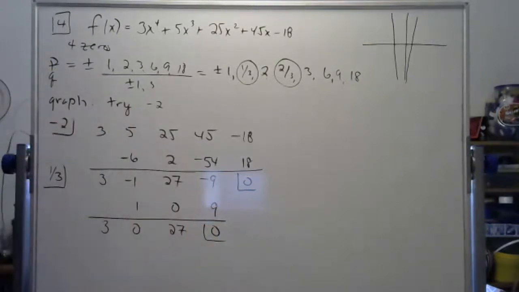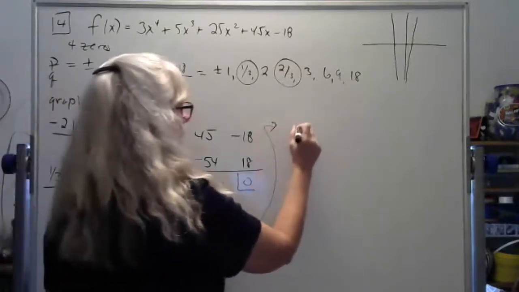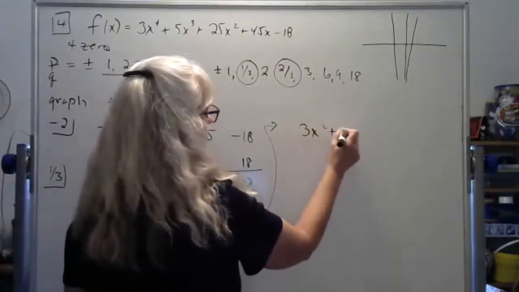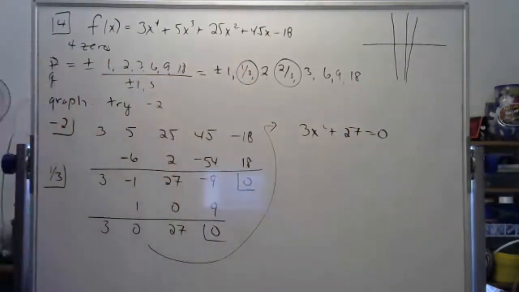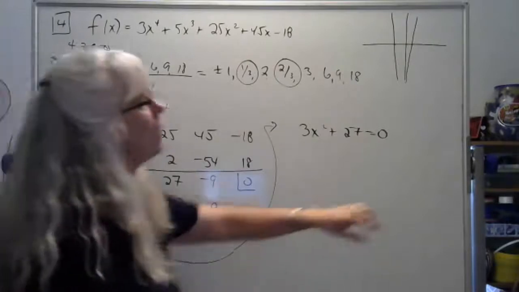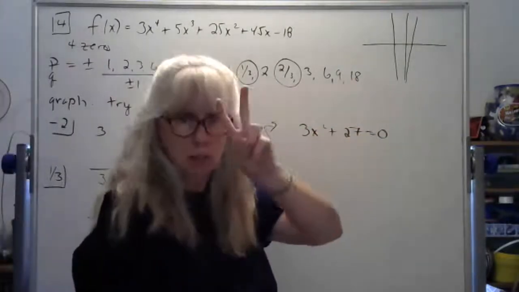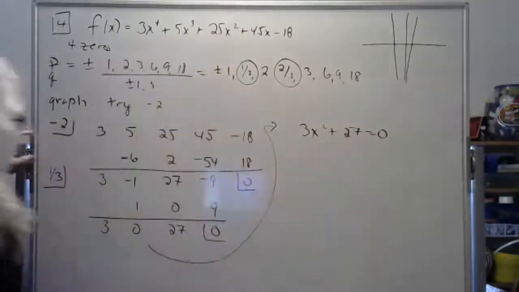Woohoo. Okay, so these two make up the real zeros. We're going to pull the rest of the zeros from this remaining quadratic. Our quadratic is 3x squared plus 27, and I'm going to set that equal to 0. Just to tie stuff in, the graph up here only crossed twice. That's why we're getting only 2 real zeros.